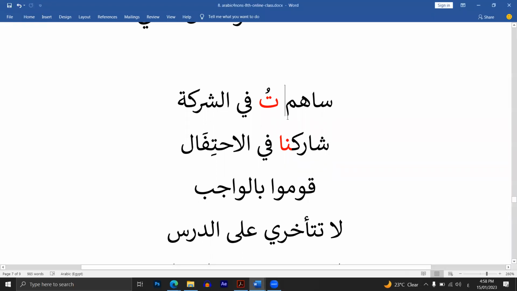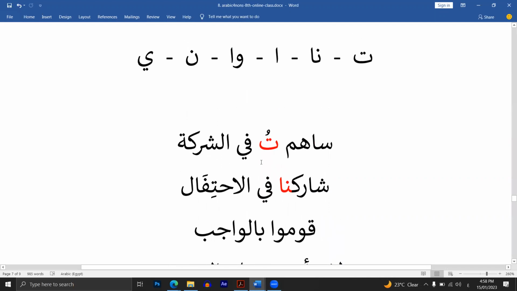If you want to know what type of connected pronoun you have in hand, just separate between the verb and the connected pronoun. What is the first letter you see? Ta, right? So it will be تاء الفاعل. That's it. I don't care whether it's ساهمت, ساهمتي, ساهمتما, ساهمتم, ساهمتن. But the first letter I see after the verb is ta. So this is تاء الفاعل.